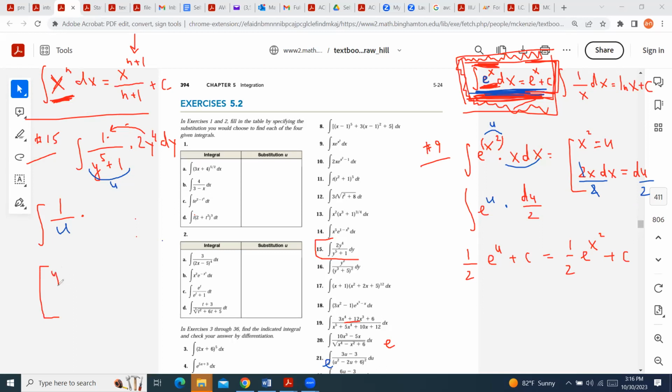So if y to the power of 5 plus 1 is supposed to be replaced with a u, then its derivative, remember 5 goes on the ground and y will be raised to the power of 1 less with dy attached, is going to be du.